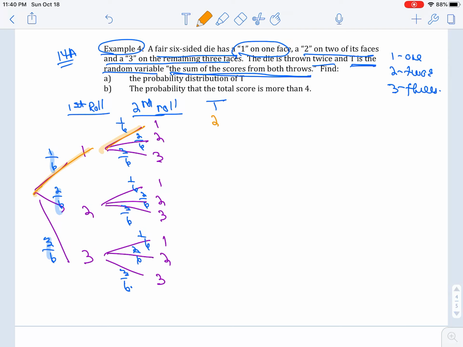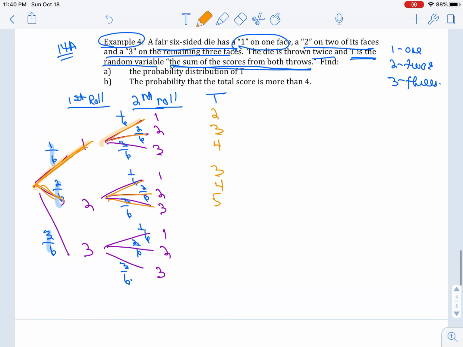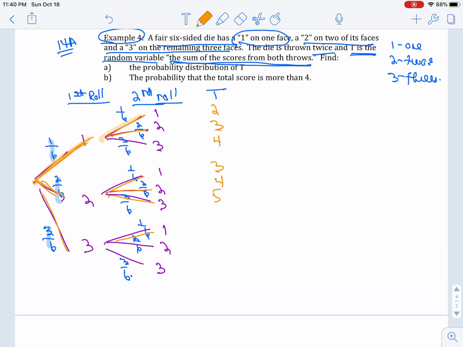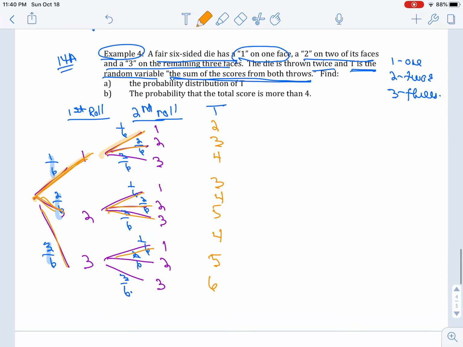On the next one, I have a 1 and a 2, so that's 3. A 1 and a 3, so that's 4. The next one, I have a 2 and a 1, so that's 3. A 2 and a 2, and a 2 and a 3. And then the last ones, I have a 3 and a 1, a 3 and a 2, and a 3 and a 3.